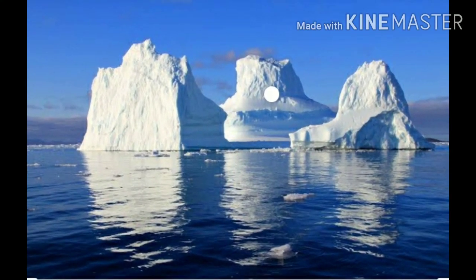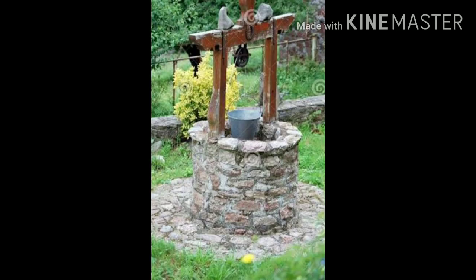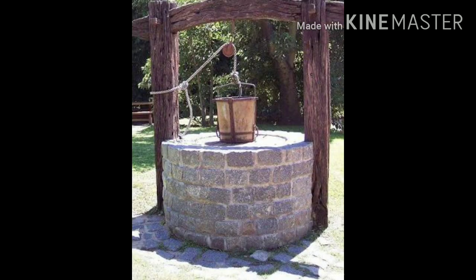This huge mass slips down a slope at a very slow speed. This is called a glacier. There are also huge blocks of ice floating in the sea. They are called icebergs.